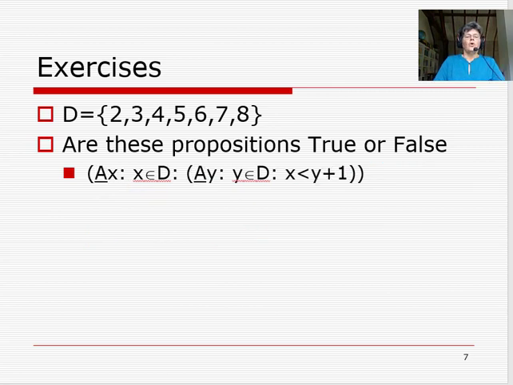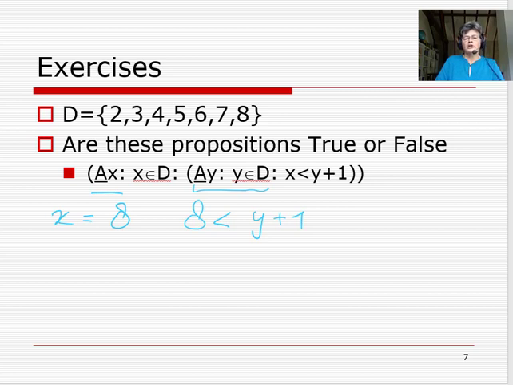Okay? For all elements x, for all elements y, x smaller than y plus 1. And the universal one is always more difficult because then they all have to work. So for all elements x, then for all other elements y, x is smaller than y plus 1. Okay, let's take x being 8. And then for all elements y, 8 is smaller than y plus 1.